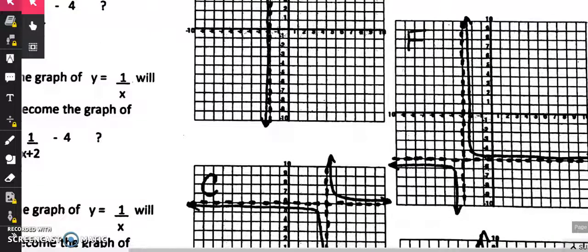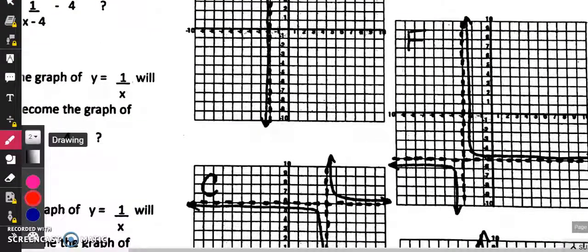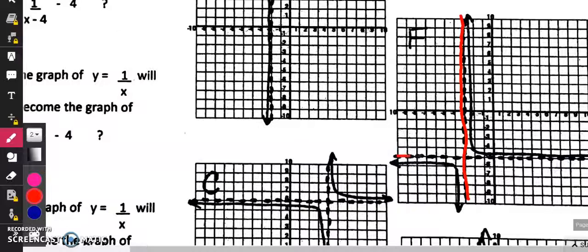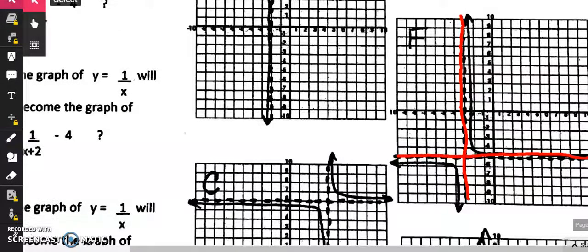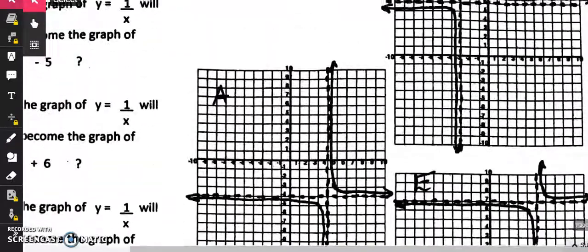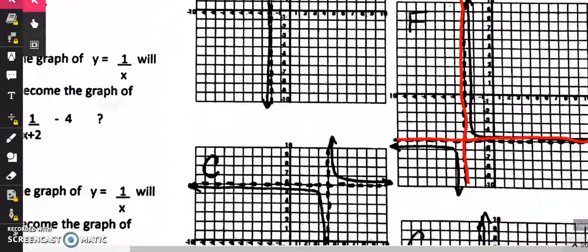So if I look at it, here's my -3 on the x-axis. Here's my -5. So the graph that I want is f.